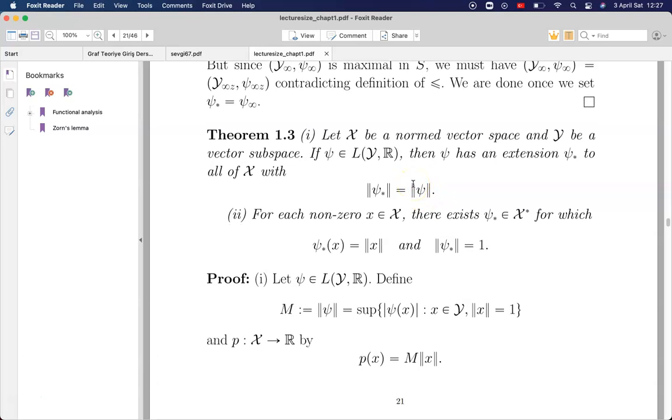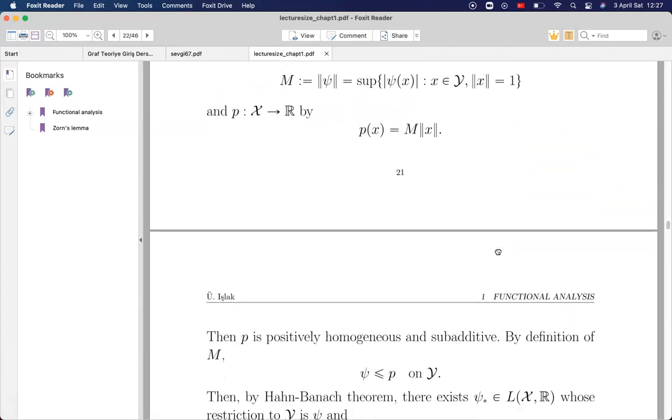This is quite a useful result. Let me tell you a few other corollaries. I won't detail these. Take it as a reading exercise. So this part is saying the following. If you choose some non-zero vector x in X, then you may find some bounded linear functional for which psi star of x is the same as the norm of x, and the norm of psi star is equal to 1.